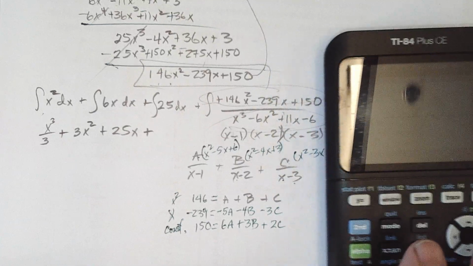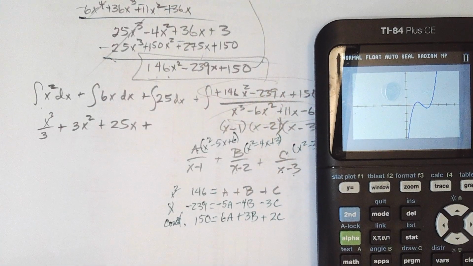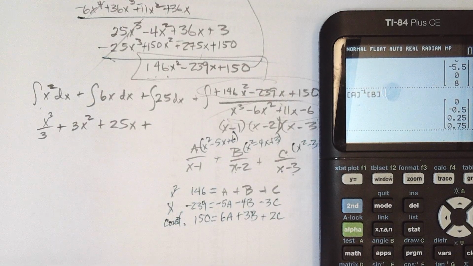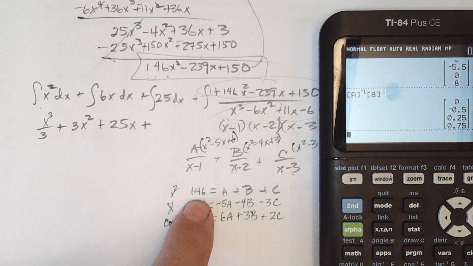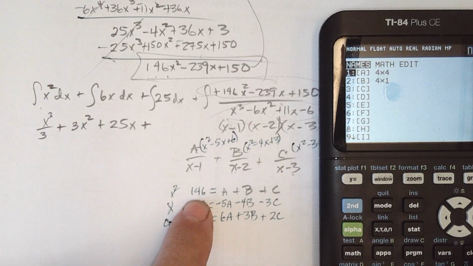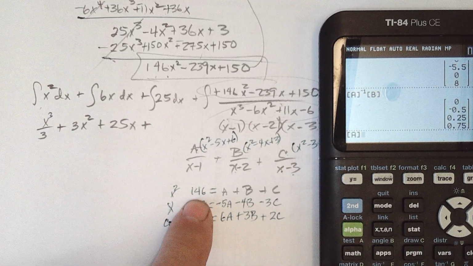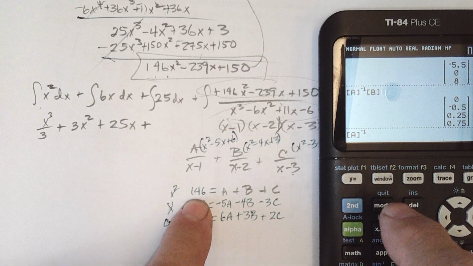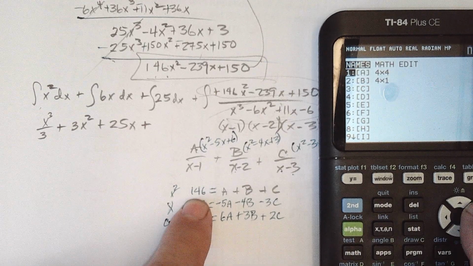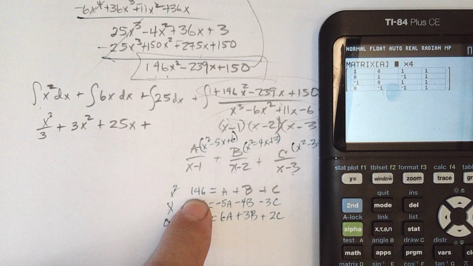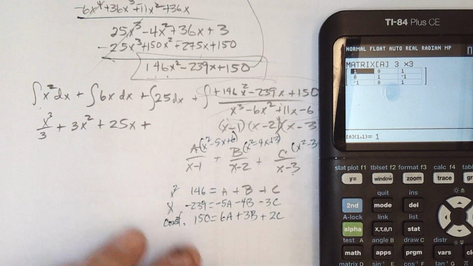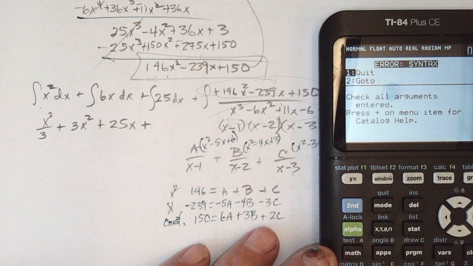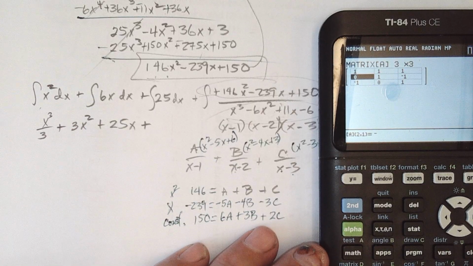So calculator. And so I have matrix A, second matrix, I don't want that. Matrix, edit, A, it's a 3 by 3 this time. 1, 1, 1, negative 5, 2. What did I do wrong?